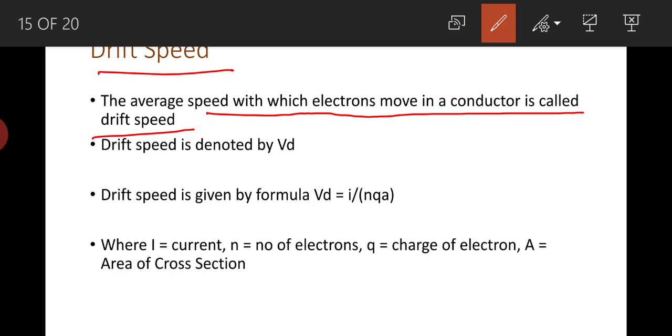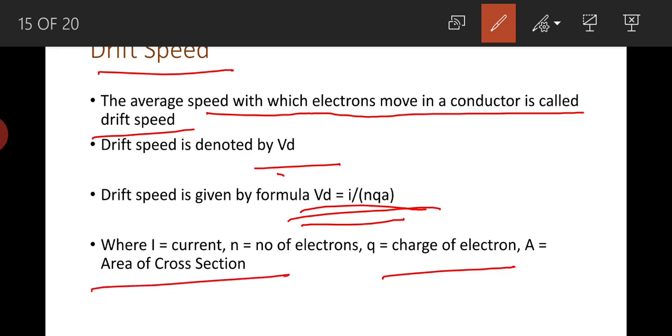When electrons are moving, they will have some specific speed. That average speed of the electrons is nothing but drift speed. It is denoted by Vd, and drift speed is given by the formula Vd = I/(nqA), where I is current, n is number of electrons, q is charge of electron, and A is cross section area.